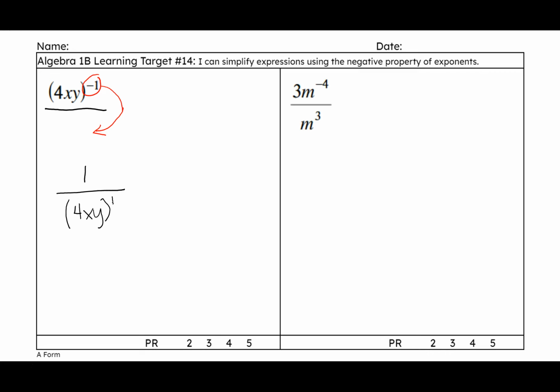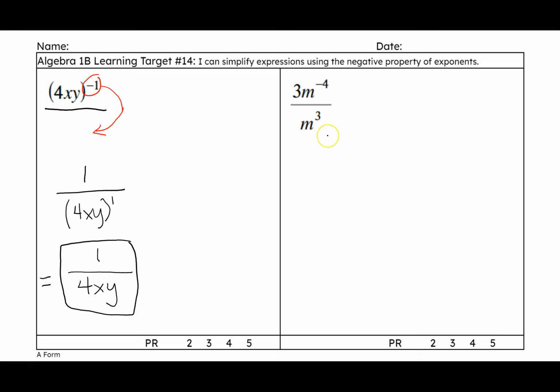You're multiplying that to itself once. So if you like, you can write this as 1 over 4xy. There was a 4xy in the top. Now that negative exponent says to put it at the bottom, and you're going to have it just one time in the bottom. Here it is, just one time in the bottom. And we have inverted our expression here.